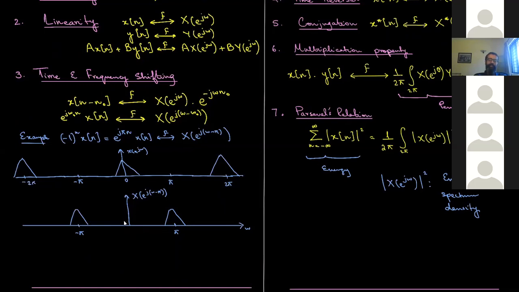Another one of the ways you can think about this, if you multiply this signal twice with minus 1 raised to power n, what do you get? You get the same signal back. Minus 1 raised to power n times minus 1 raised to power n क्या होता है?